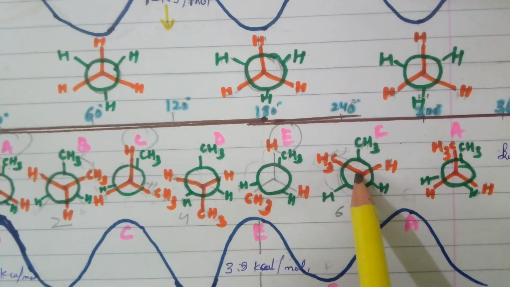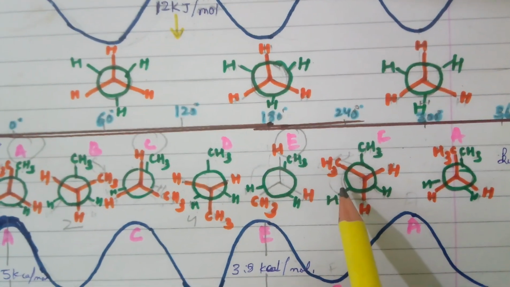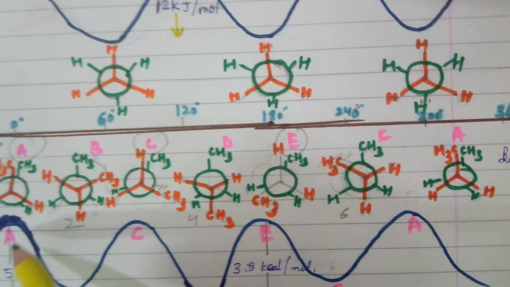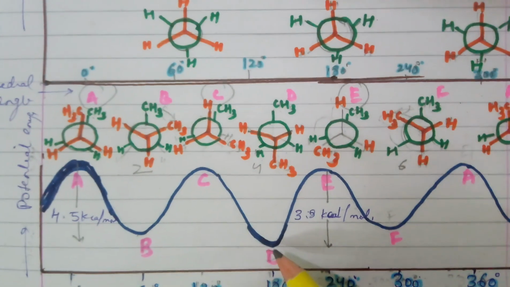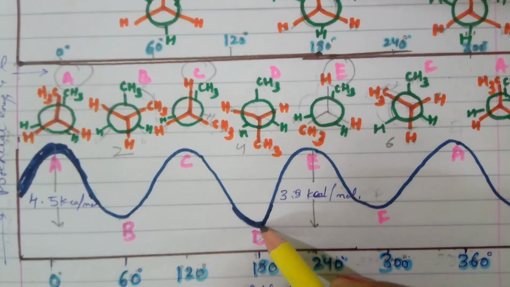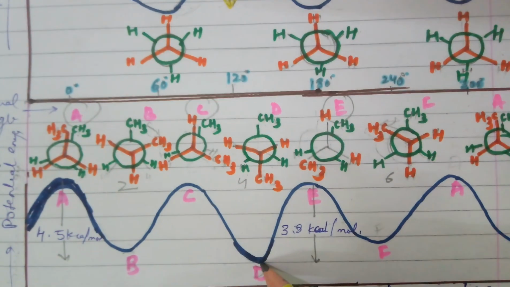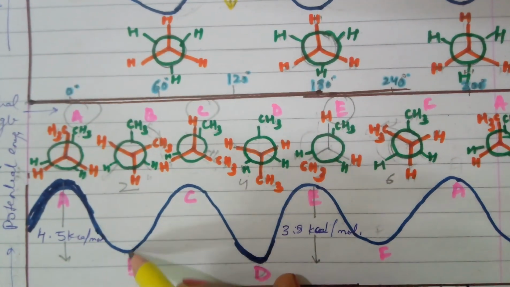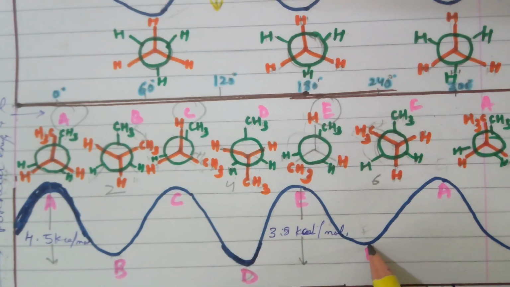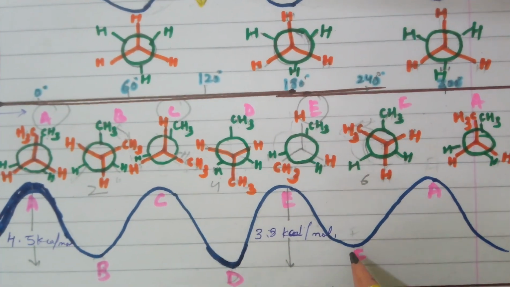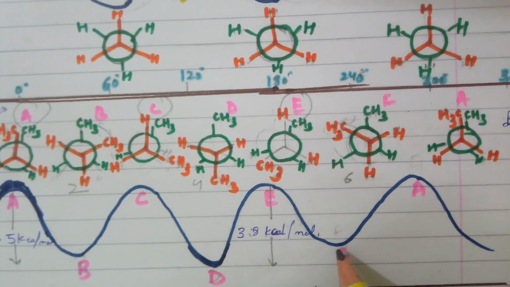In anti and gauche forms, they don't have the same energy. This is the energy of anti, this is the energy of the gauche form. You can see this is more stable, very low, while the other has a bit higher energy. What is the reason behind that? The reason is steric strain.